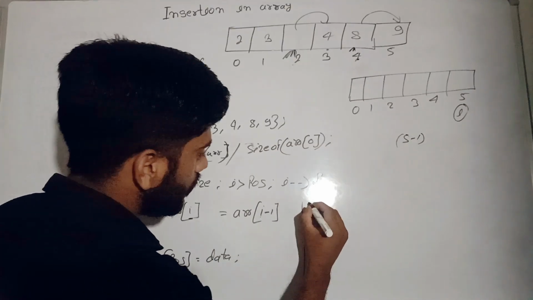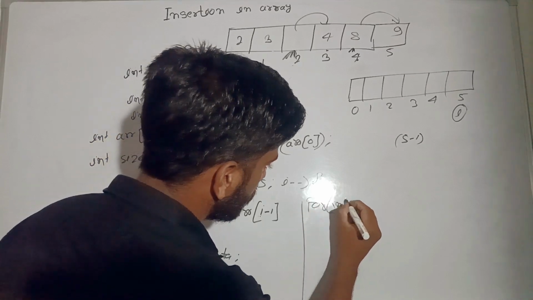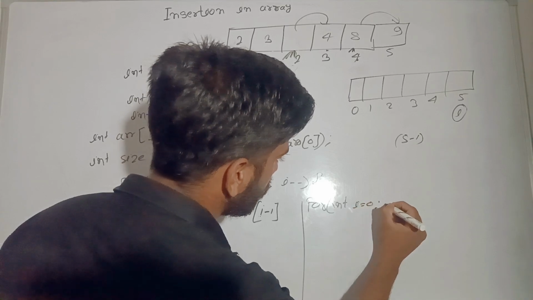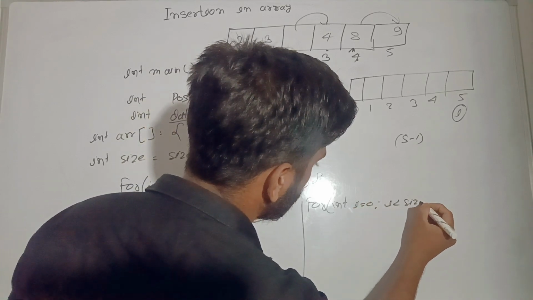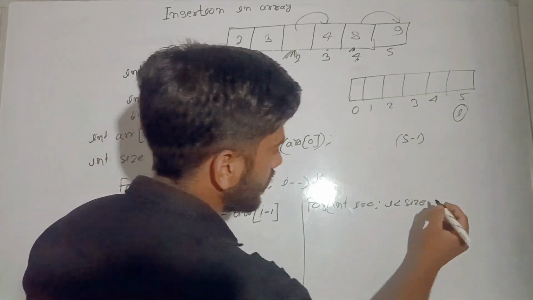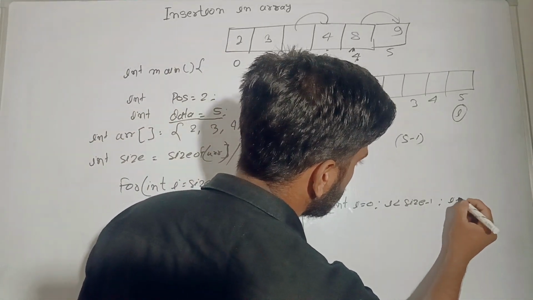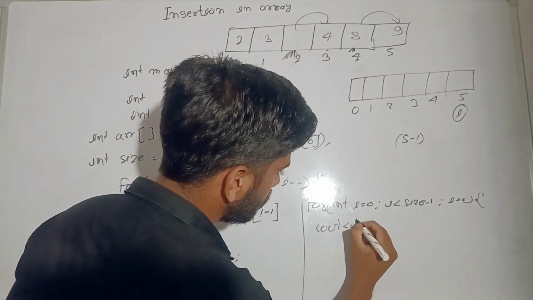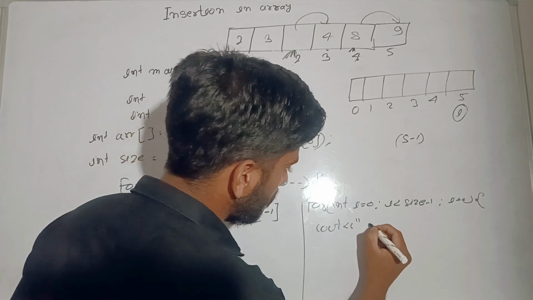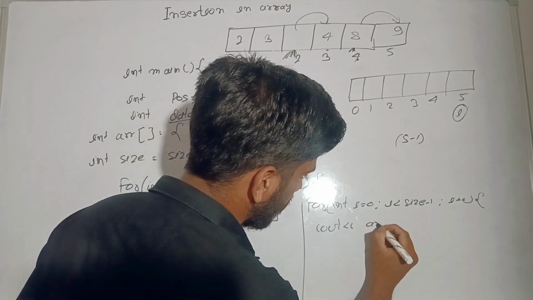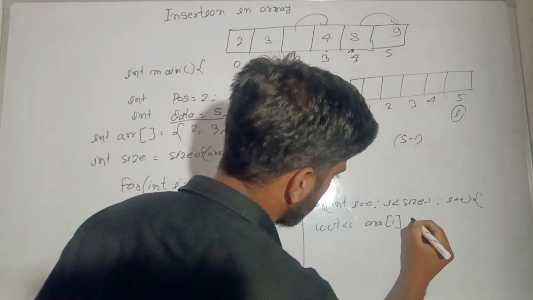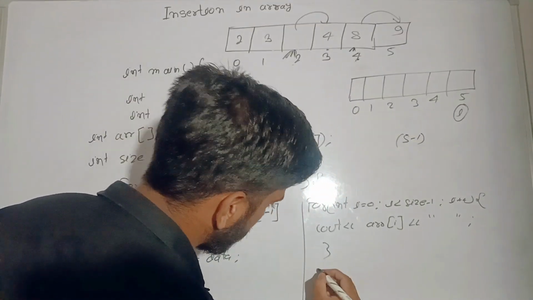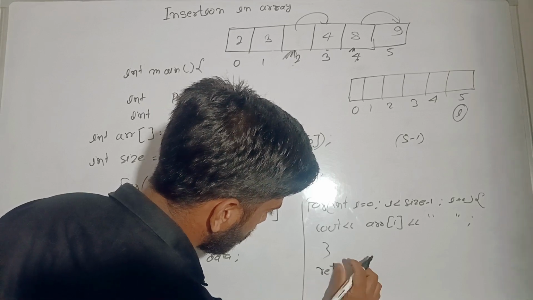Okay, now using a for loop, I starts at 0 and goes to size minus 1, and now cout array I, close this angular bracket, and return 0.